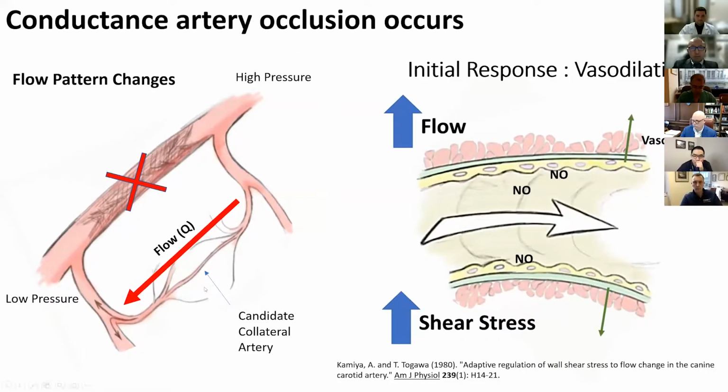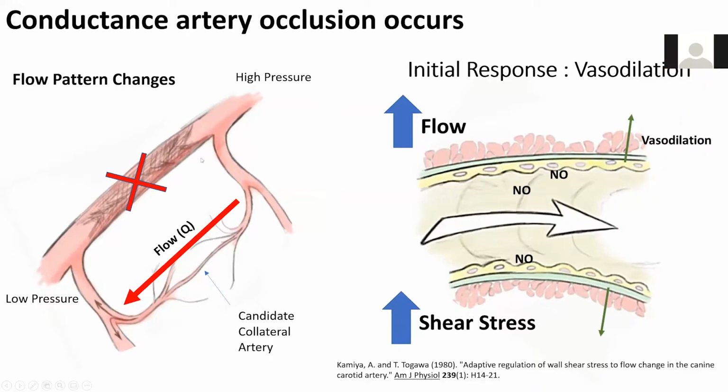So when an occlusion occurs within a conductance artery, flow patterns shift, as I mentioned, and schematically shown here, a candidate collateral artery, which is an interconnection between two different territories fed by two different parent vessels, will experience a dramatic change in the flow patterns.